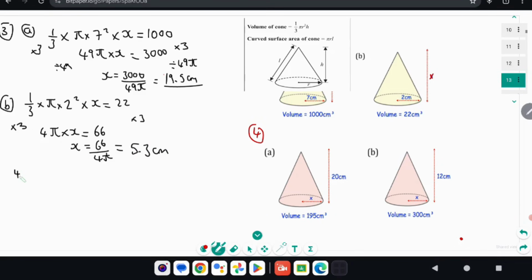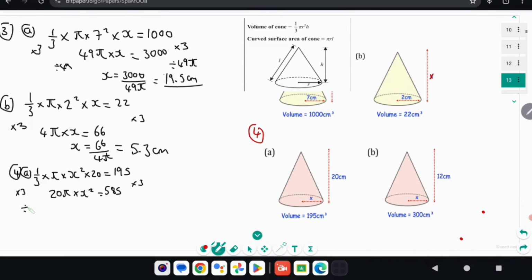So for 4a, we know a third times pi times x squared times 20 is equal to 195. Times both sides by 3 first. Gives us 20 pi times x squared is equal to 585.